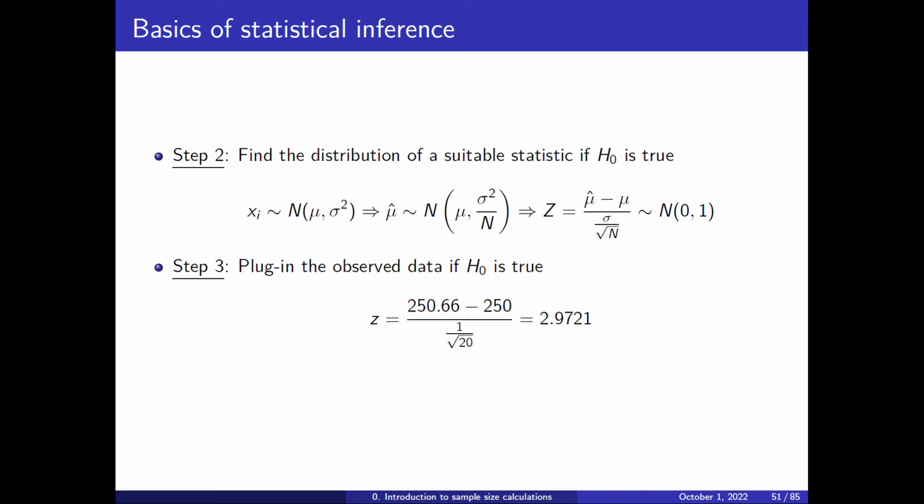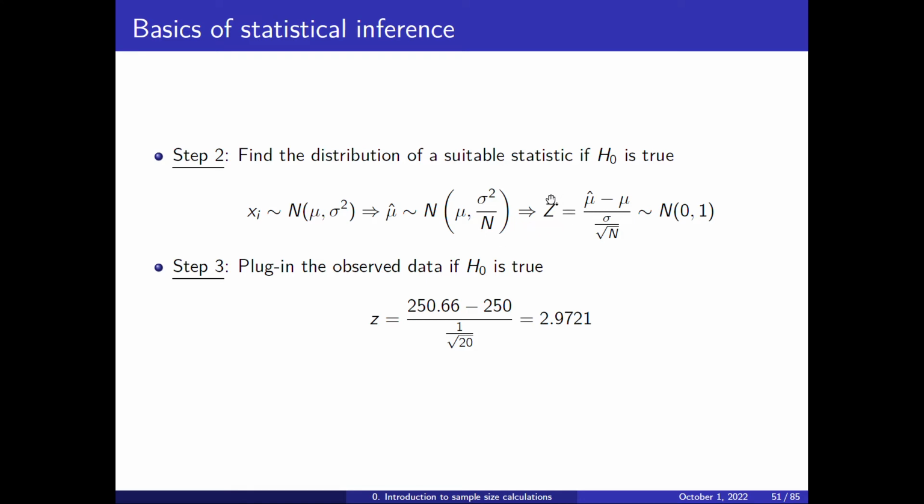If the tablets are Gaussianly distributed, then we have reasoned that the estimate of the mean is also Gaussianly distributed with the same mean and a variance that is sigma squared divided by n. Then you need to find a calculation whose distribution you know if the null hypothesis is true.